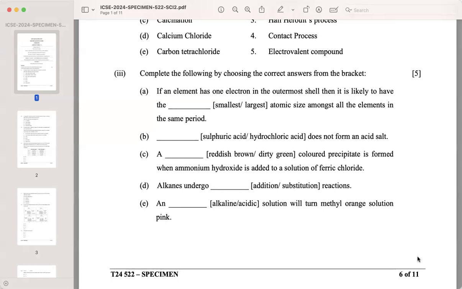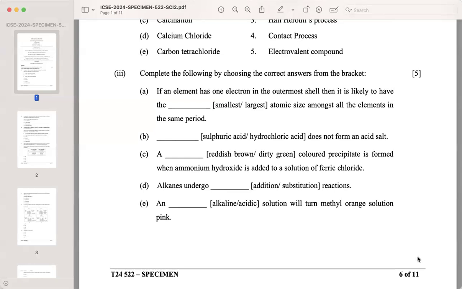B, the answer will be hydrochloric acid. Does not form an acid salt. Part C, a reddish brown colored precipitate is formed when ammonium hydroxide is added to a solution of ferric chloride. Part D, it will be substitution reaction because alkanes always undergo substitution reaction. Alkenes and alkynes undergo addition reaction.